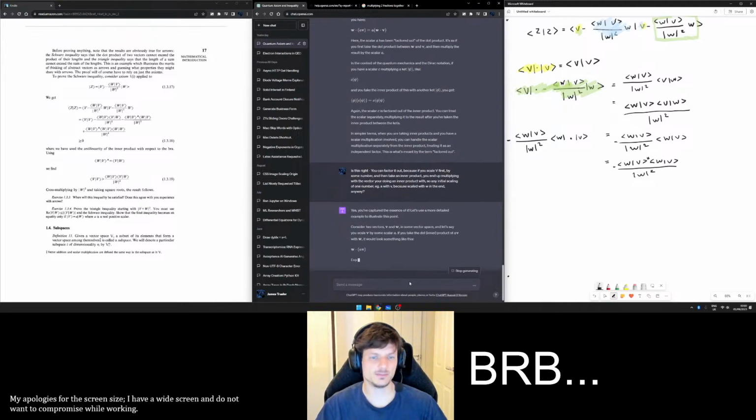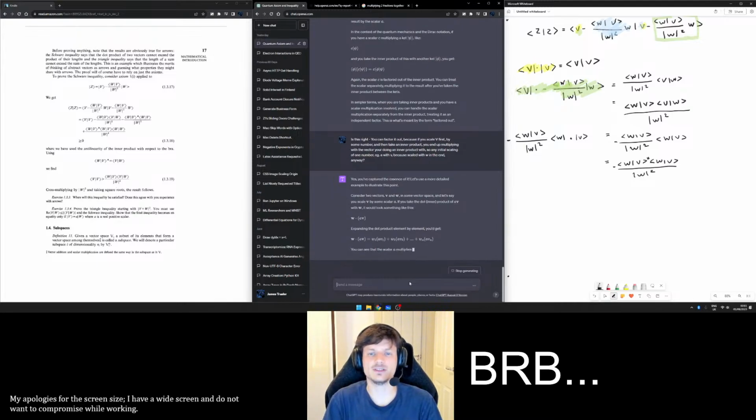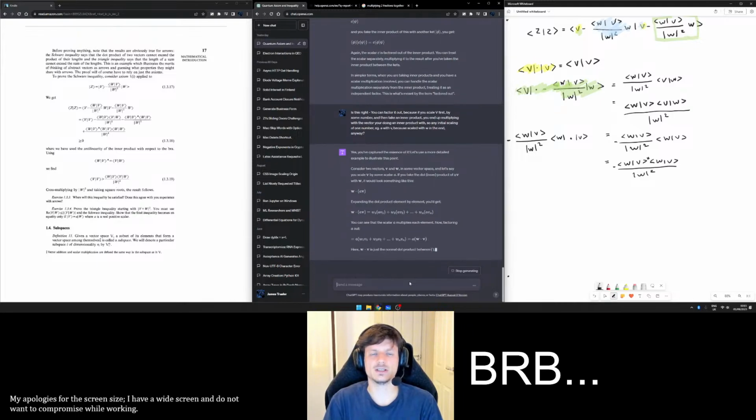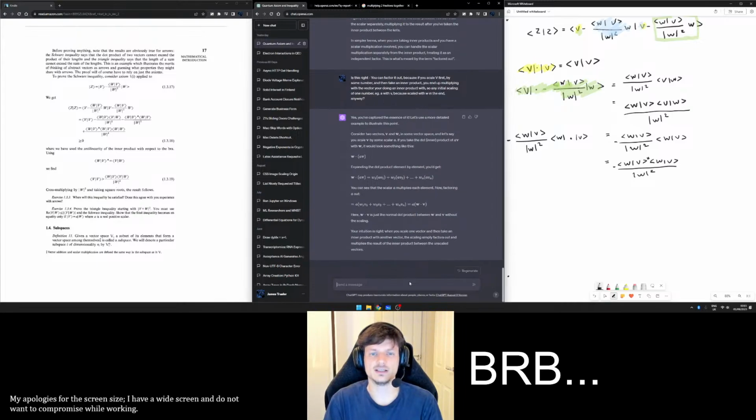Consider two vectors v and w in some vector space, and let's say you scale v by some scalar a. If you take the dot inner product of a v with w, it would look something like this. Expanding the dot product element by element, you'd get w1 av1 plus w2 av2 plus so on. You can see that scalar a multiplies each element.